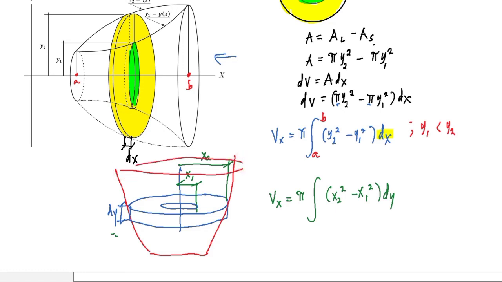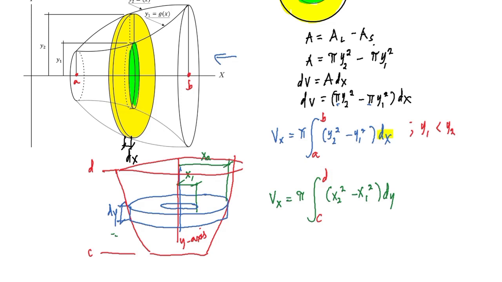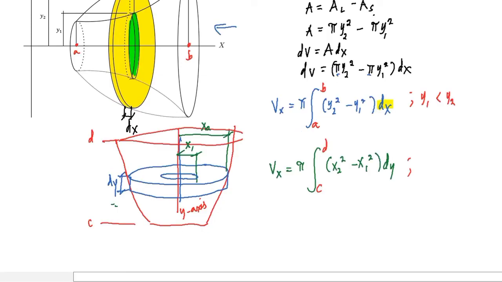Kung ganito yung magiging scenario, so since naka-y tayo, yung magiging limit natin will be from point C up to point D. Itong part na to, this is our y-axis in this case. So, limit natin dito will be from point C up to point D. Provided in here that the x sub 1 should be less than x sub 2.